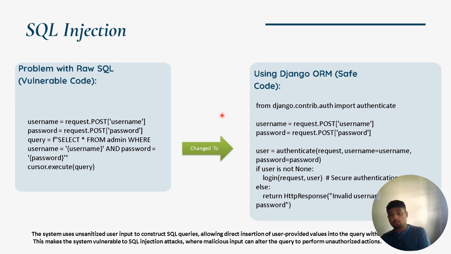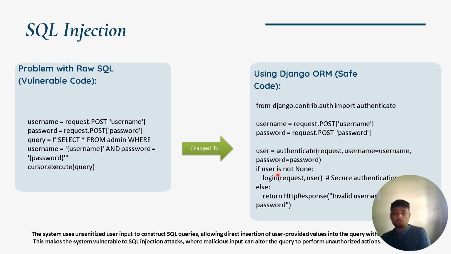To overcome that, what we have done is that we have used the object relational mapping technique that is by default available within Django. So we imported the library, we took in the values like username and password similar to here, then we created a user object, and here you can see we are authenticating the request, the username and the password. If the username and password are not according to the current standards or format, or if they are too long, or if empty, then we send out invalid username and password.